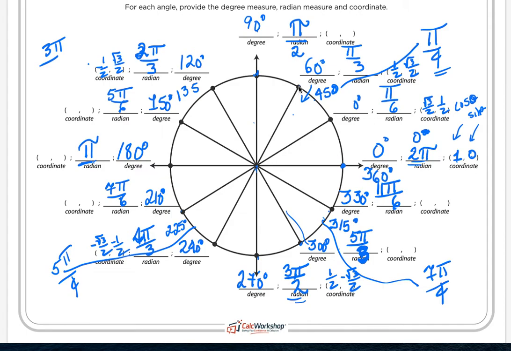And so every one of these pi over 4s, or 45-degree angles, the coordinates are always going to be square root of 2 over 2. They're equivalent in length, because you're talking about the isosceles right triangles there.